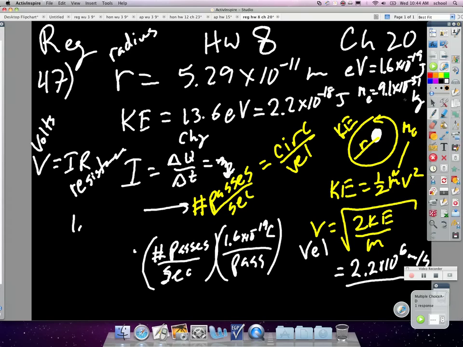That gives me 1.5 times 10 to the minus 16. So I get a ridiculously tiny current. An electron moving around an atom, how much current would you expect?